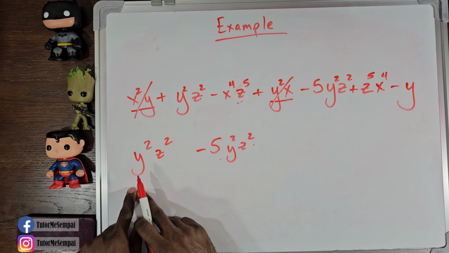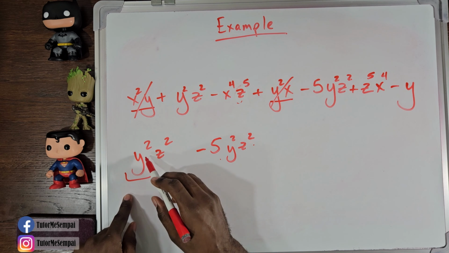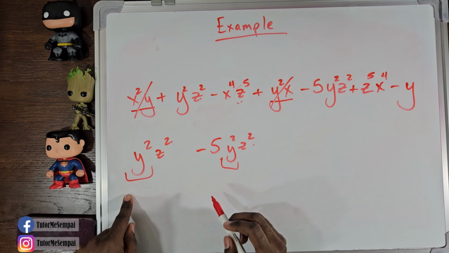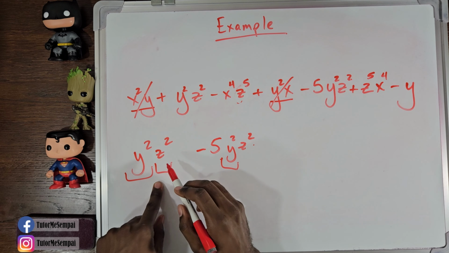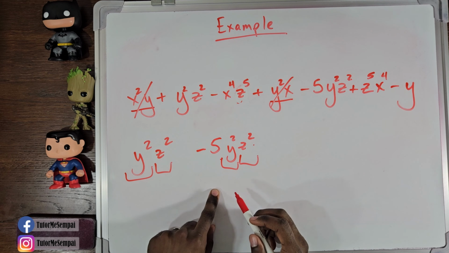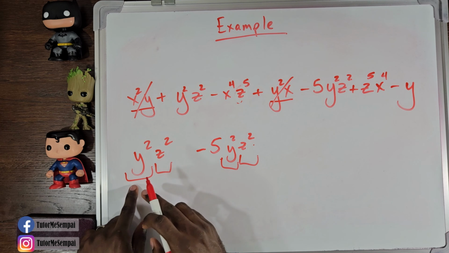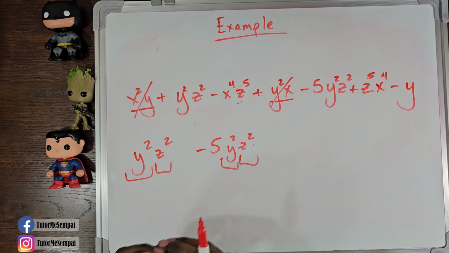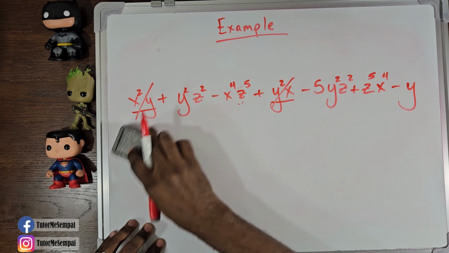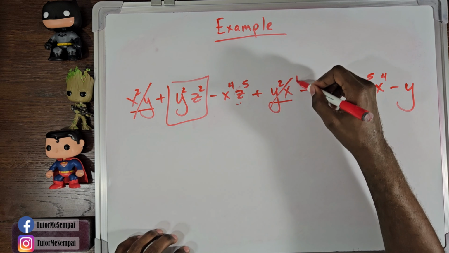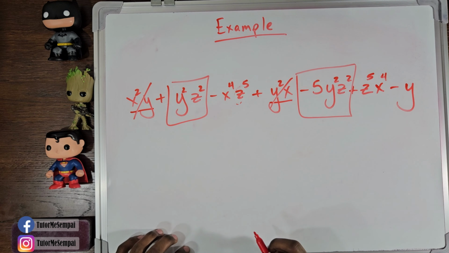These are like terms because they have the same y squared, y squared. We have the same z squared, z squared. The same pair of variable exponents are present in both. So, going back here, we can say that these two are indeed like terms.